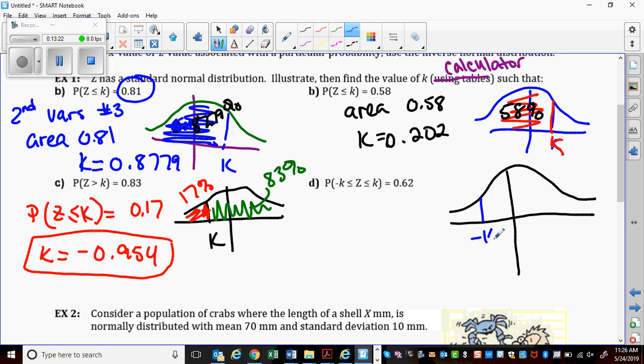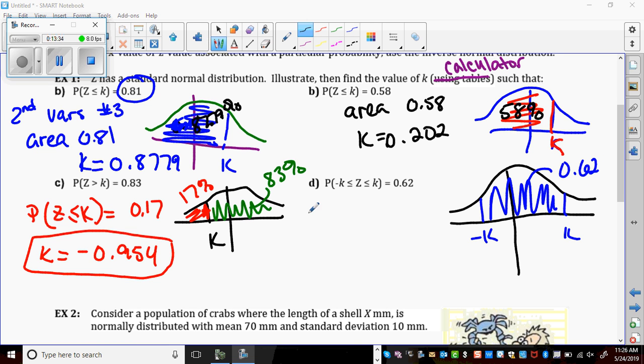So maybe this is negative k and this is k, and this area in between has to be 0.62, or 62%. What I'm going to do is find the probability that Z is less than or equal to k, okay? So I need to find the area of Z just being less than k. So I'm going to find this whole area less than this k right here, right?